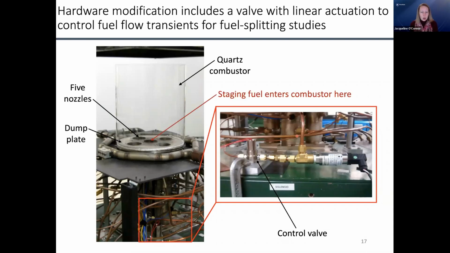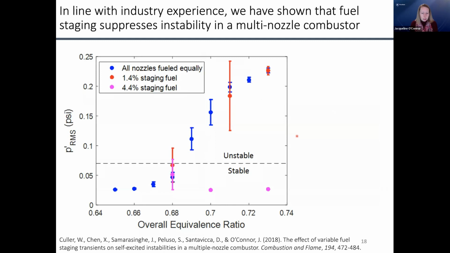Okay, so this is just a quick overview of how staging works. So here I'm showing you on the x-axis overall global equivalence ratio for the combustor, and on the y-axis is the pressure fluctuation. This dotted line is how we define unstable for this system, which is 0.5% of the total pressure inside the system.